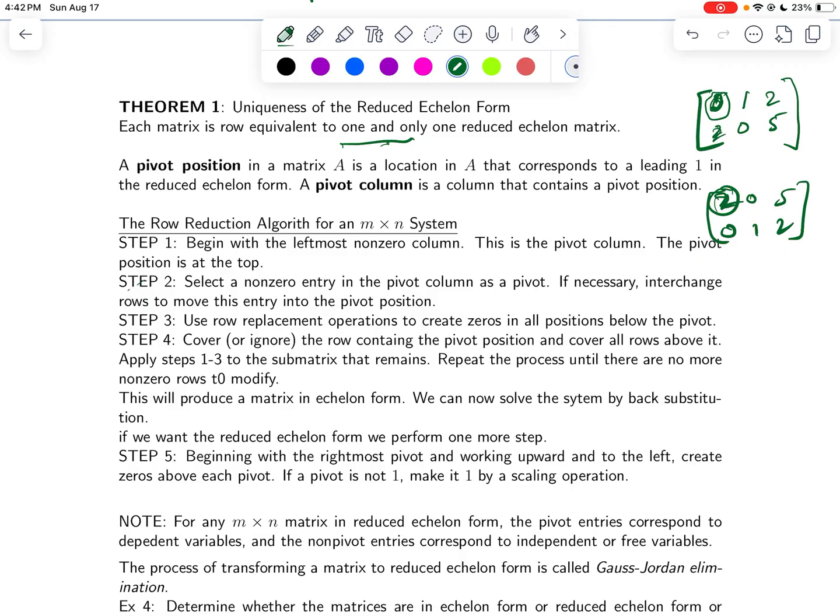So we will multiply the first row by 1/2, and then we will use that to make zeros below the pivot in the whole first column. So if there were more rows, in the first column we want 1 in the first place, and then all the other places are zeros.